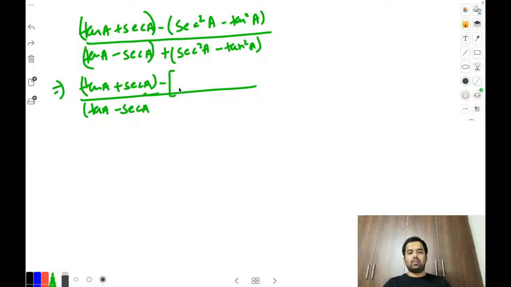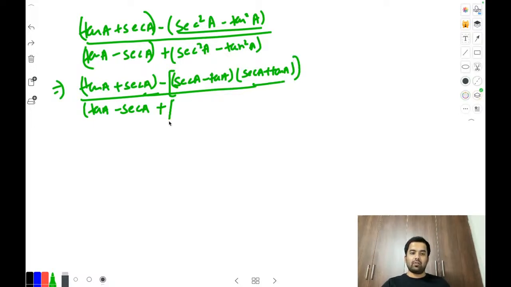Here, as you see, this one we can expand further: a square minus b square, so this will come as (a plus b)(a minus b). The same thing will come below also: sec A minus tan A, with a minus b and a plus b.